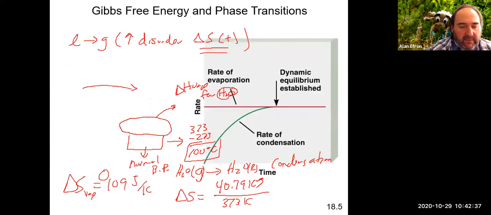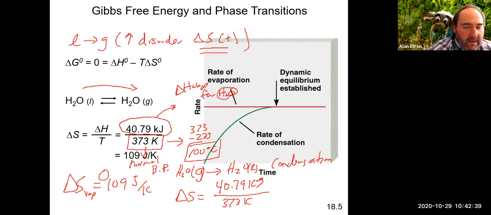So going from gas back to liquid, our delta H value should be negative, and what that would give us would be negative 109 joules per Kelvin.